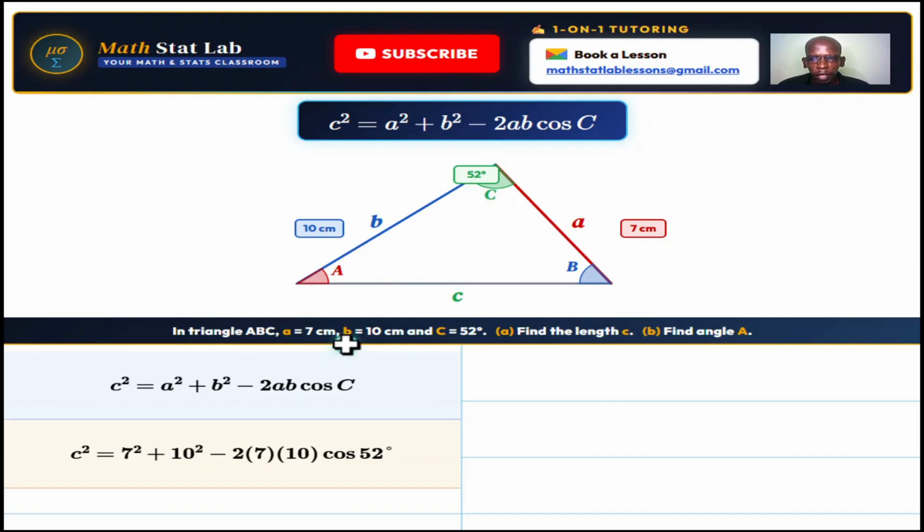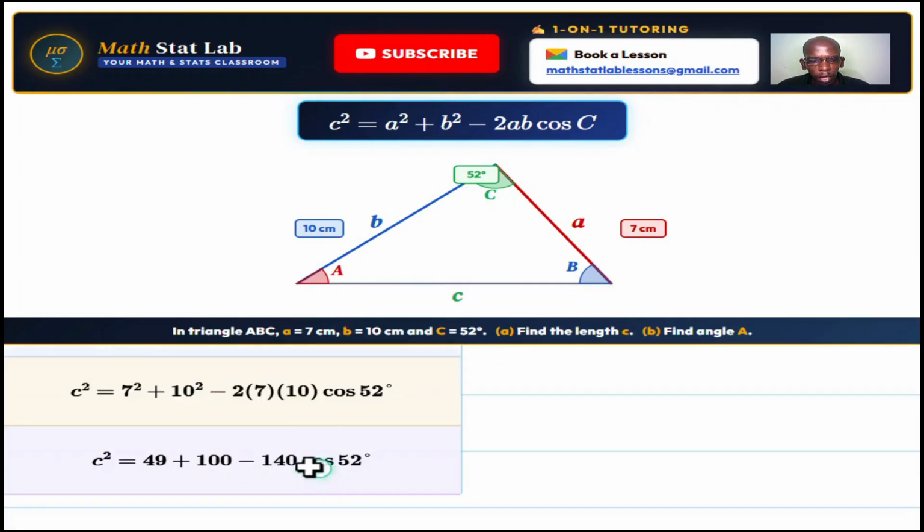So c squared equals 49, because 7 squared is 49, plus 10 squared, which is 100, minus 7 multiplied by 10, which is 70. When you multiply by 2, it becomes 140. That's why I have 140 here, cos of 52.